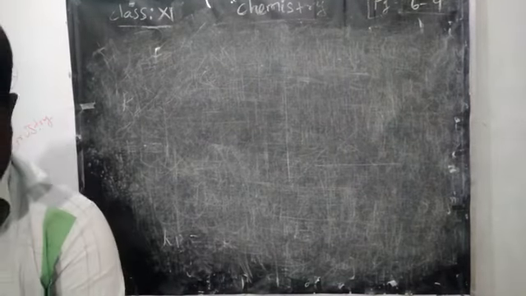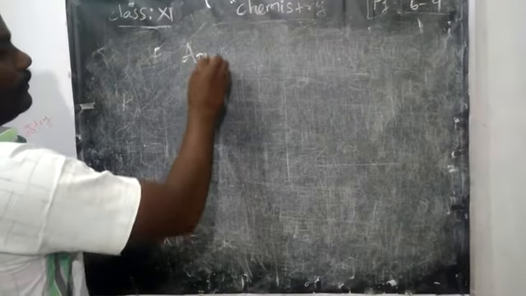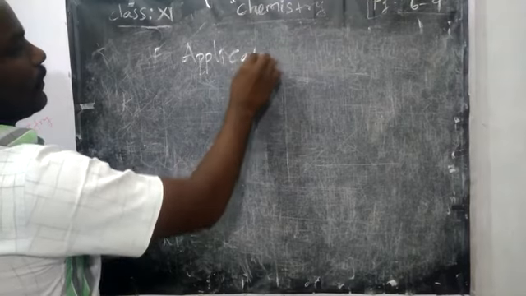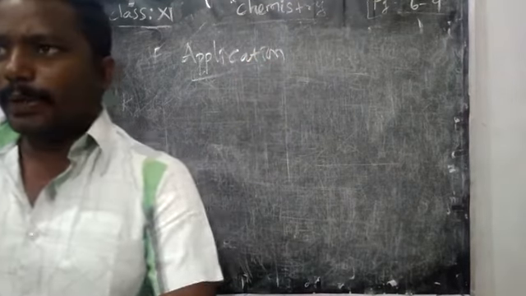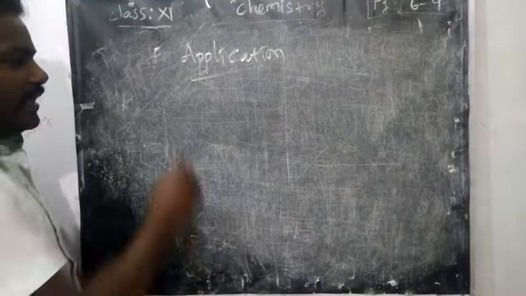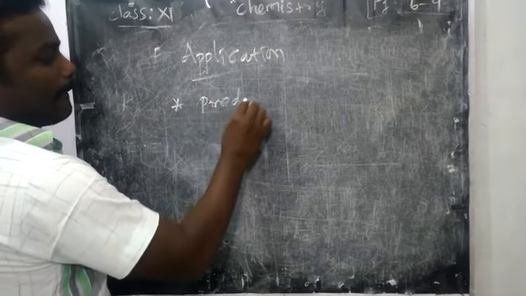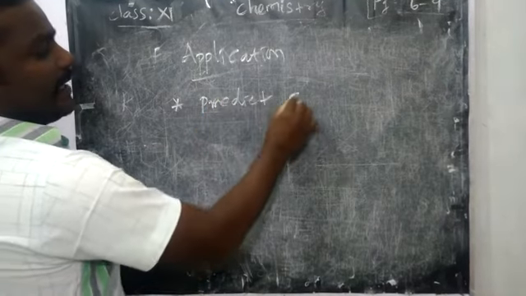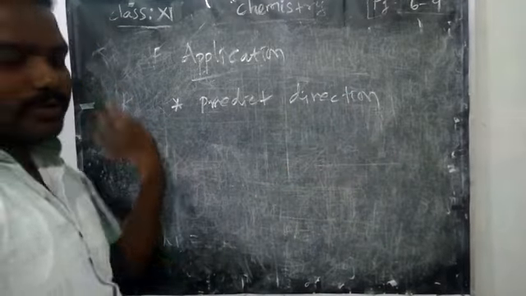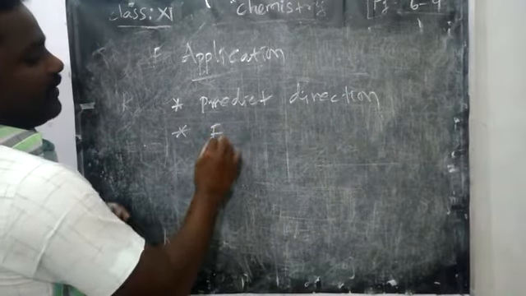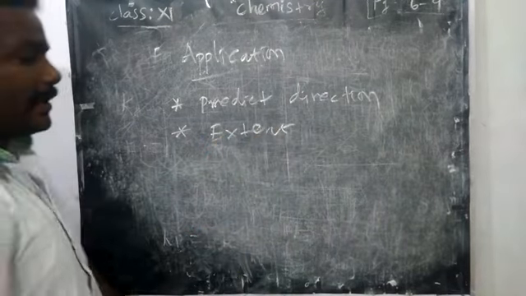Next, applications of the equilibrium constant. What are the applications? Very simple. First, we can predict the direction of the reaction, forward or reverse. Second, we can find the extent of the reaction, how long the reaction will carry on.